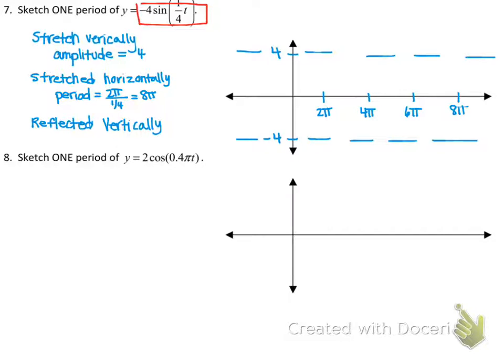It's sine, so we're going to start at 0, 0, but it's been reflected vertically, so we're going to go down first. So we have 2 pi comma -4, 4 pi 0, 6 pi positive 4, and 8 pi 0. So when I connect those, it looks like this.